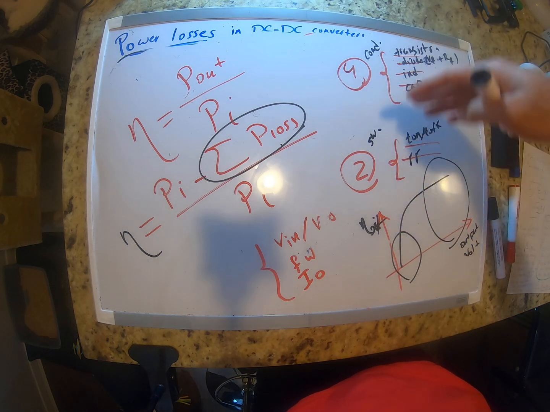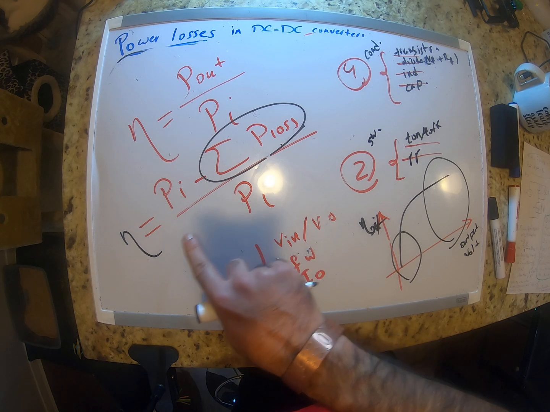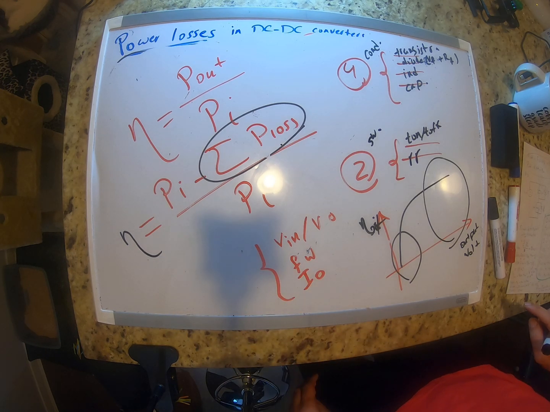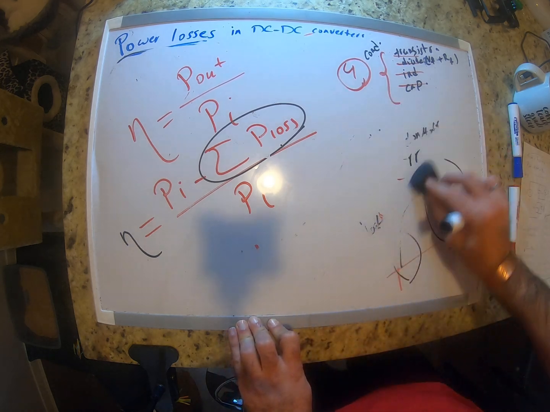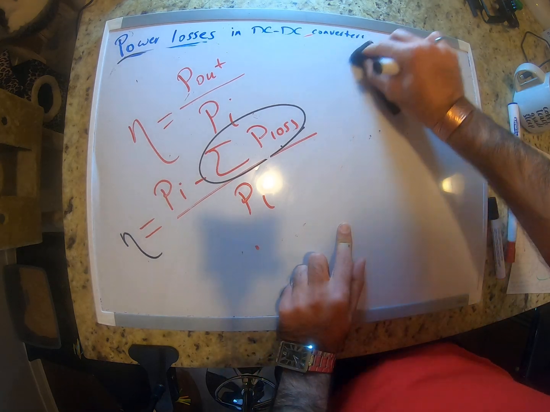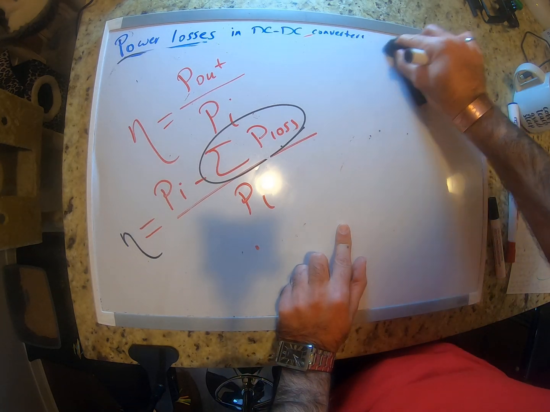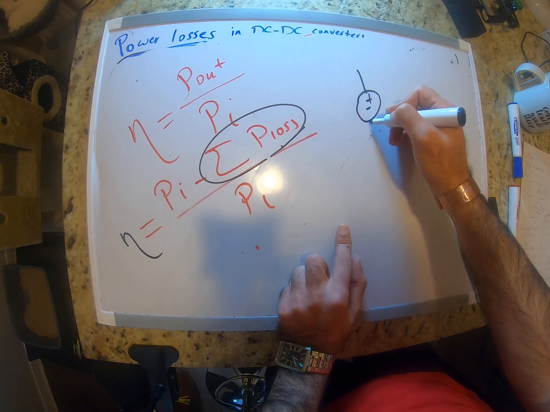So calculate all these 6, subtract them from your input power, divide by the input power, and you have your efficiency. That's the definition of efficiency. There are some examples in your course notes. Please go through them. I'm also going to give you another example here.